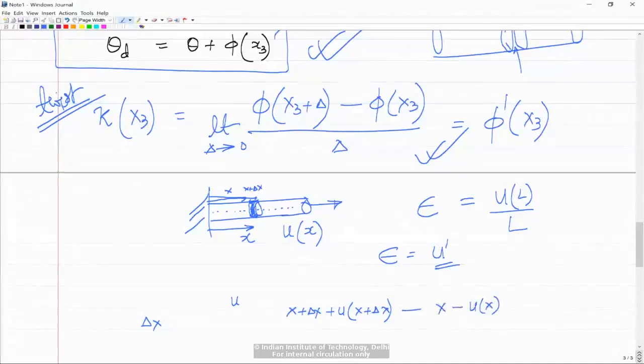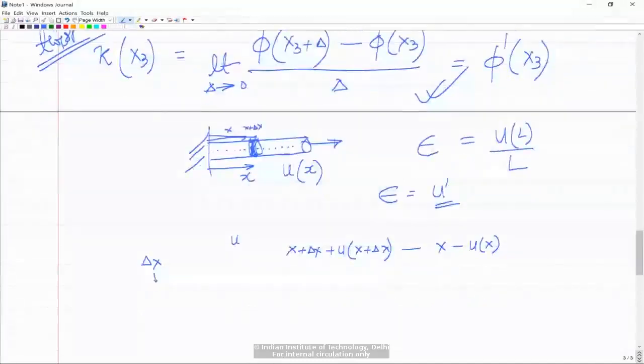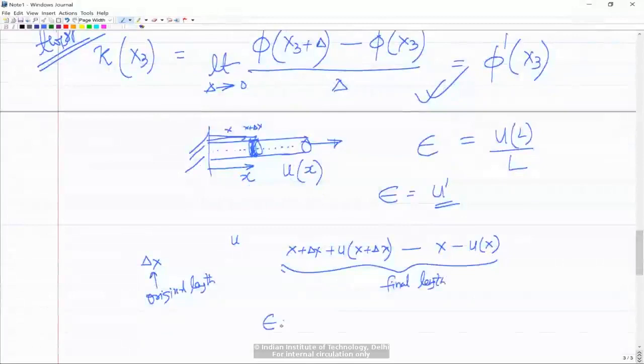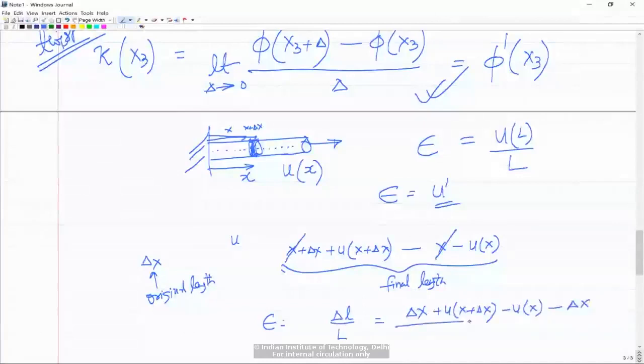So how much is the strain then? Let me say here, this is the original length and that's the final length. So strain is the change in length, delta L, divided by the original length. Delta L is then, you can see these two are crossing, so you have delta x plus u of x plus delta x minus u of x minus the original length, which is delta x, divided by the original length delta x.